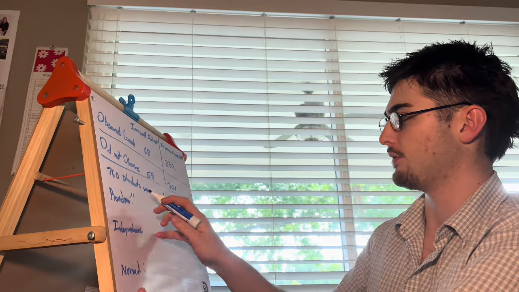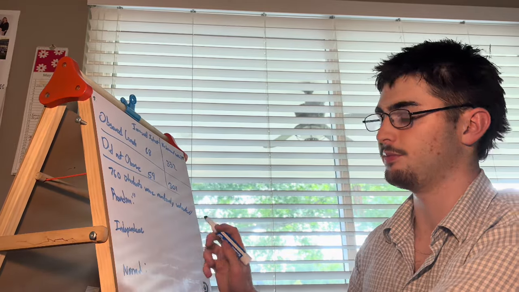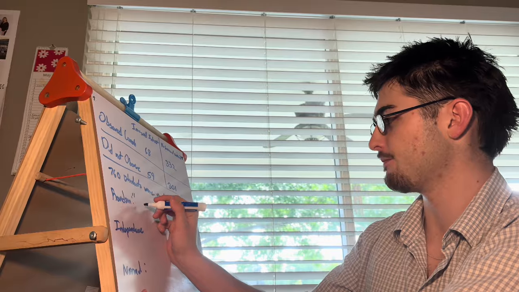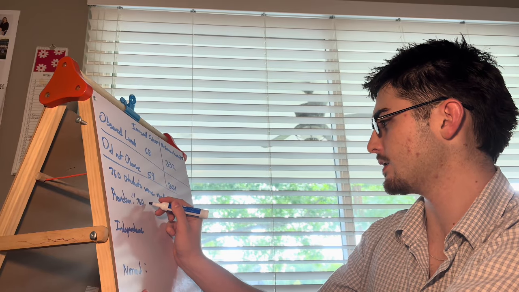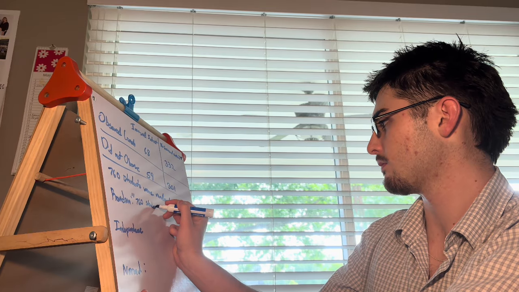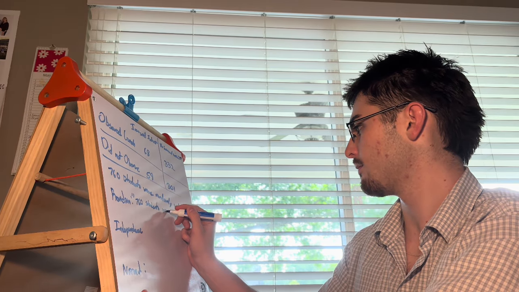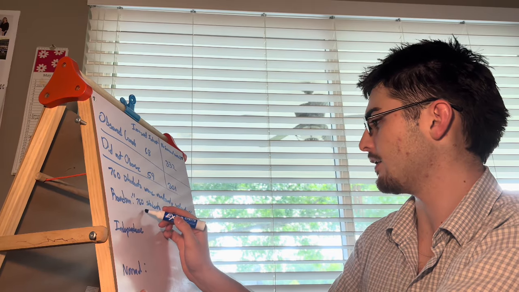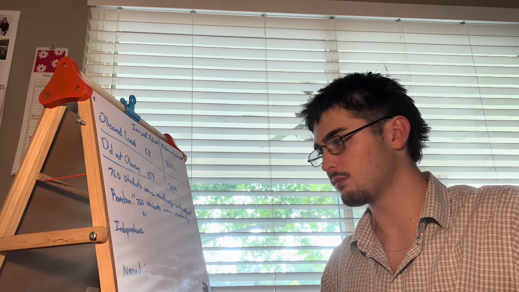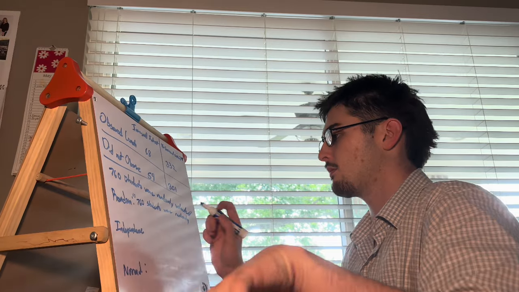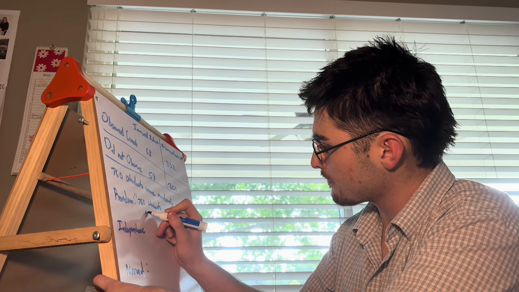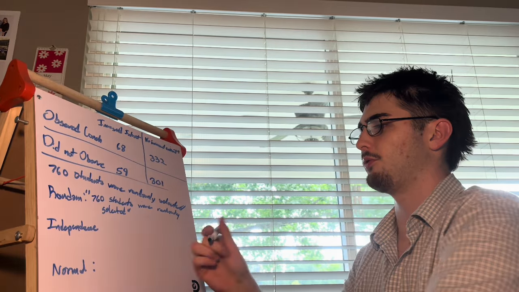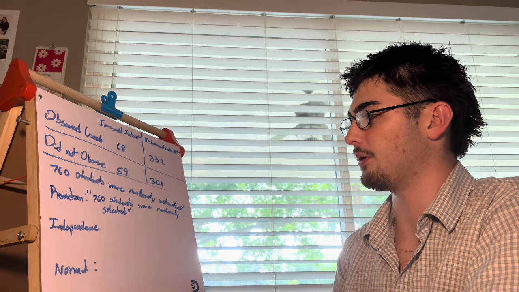So for me, I have a little sentence here that would consider my paragraph part of the question, that says 760 students were randomly assigned or selected. And then for random, you're done. You're good with that one.